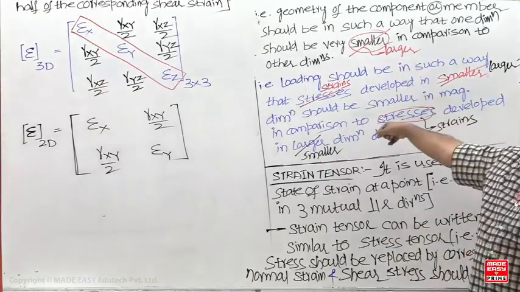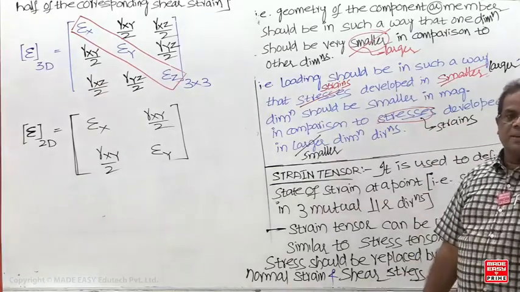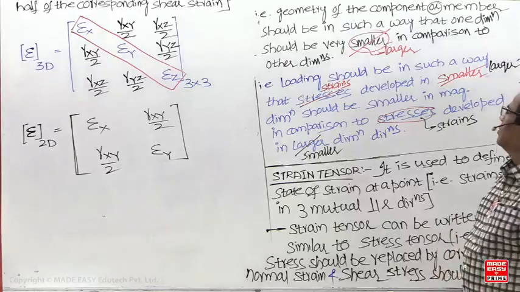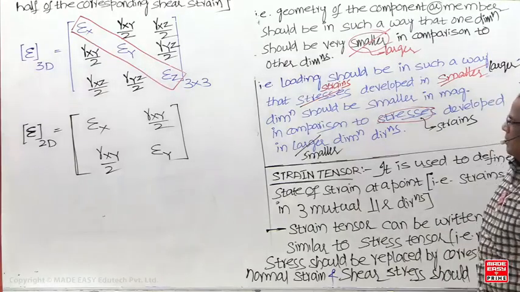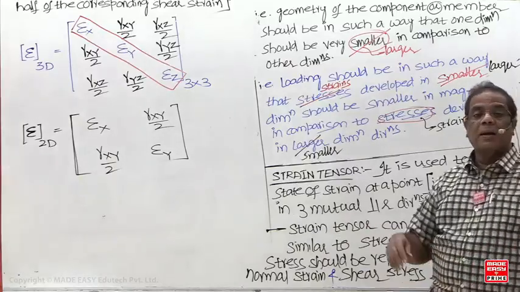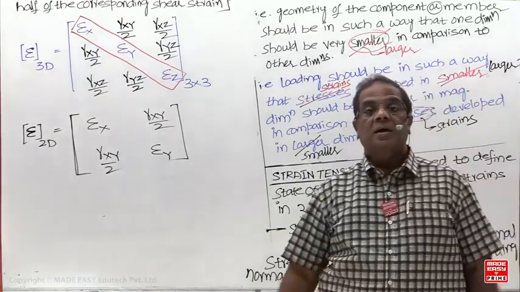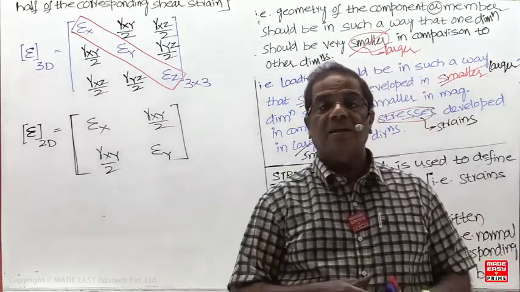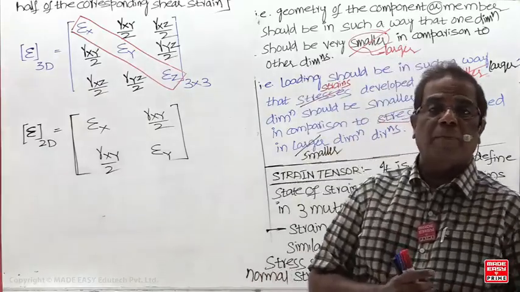So these are the conditions for plane strain. But in most machine component cases, plane stress is possible. Plane strain generally we are not going to come across in machine components.